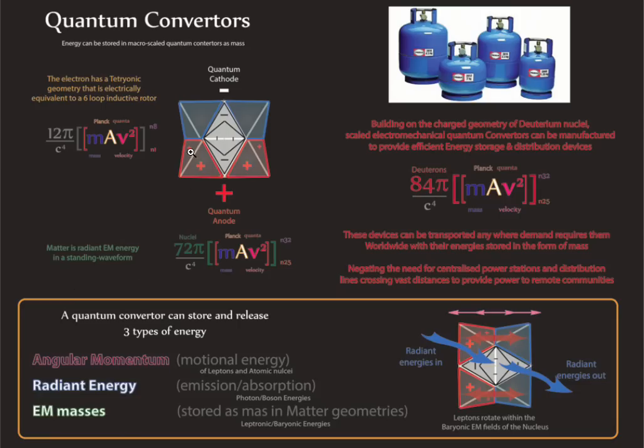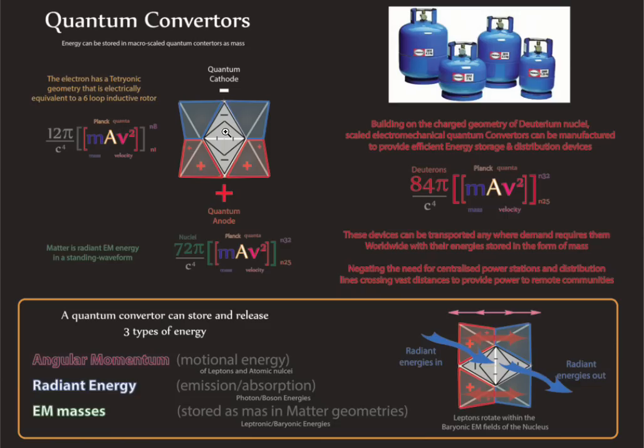Obviously, as we increase the mass energies within the charged geometries of the matter itself, this has a direct effect on the angular momentum of the rotor, or the electron, within that matter geometry. The deuterium nuclei in this case has a 72 pi geometry of matter, whereas the electron only has 12 pi.